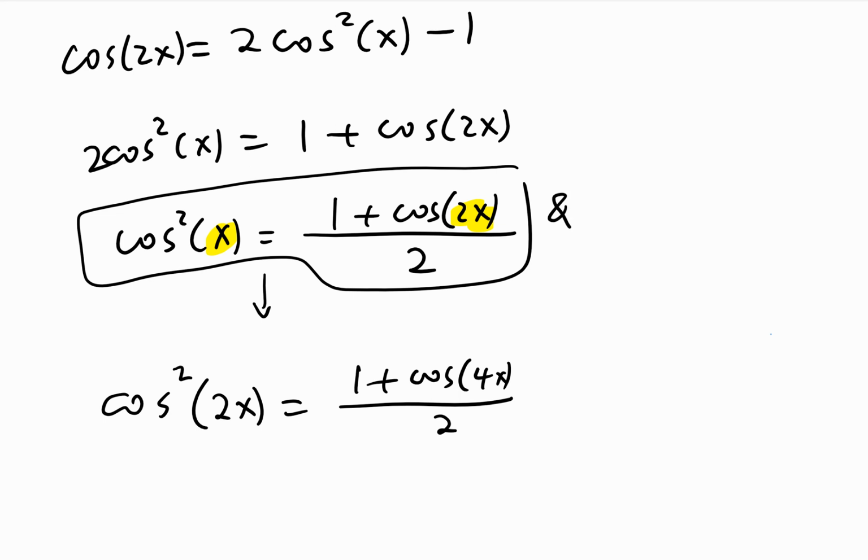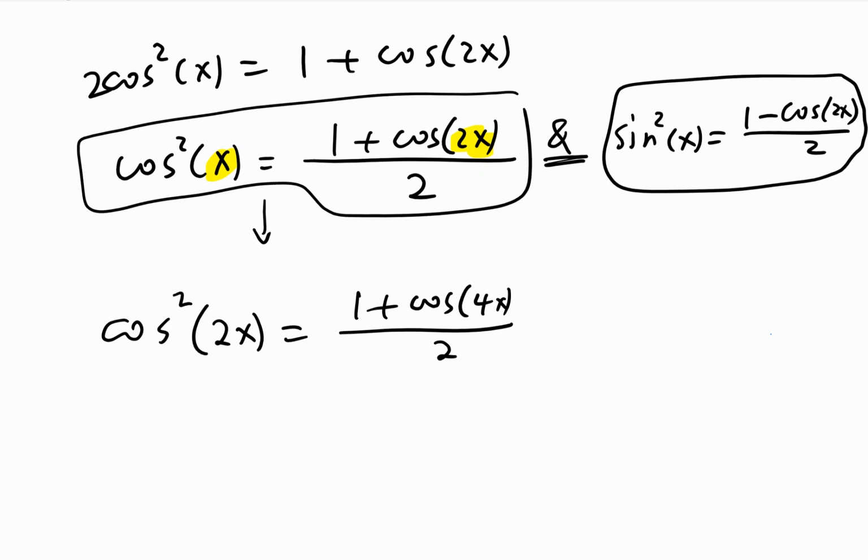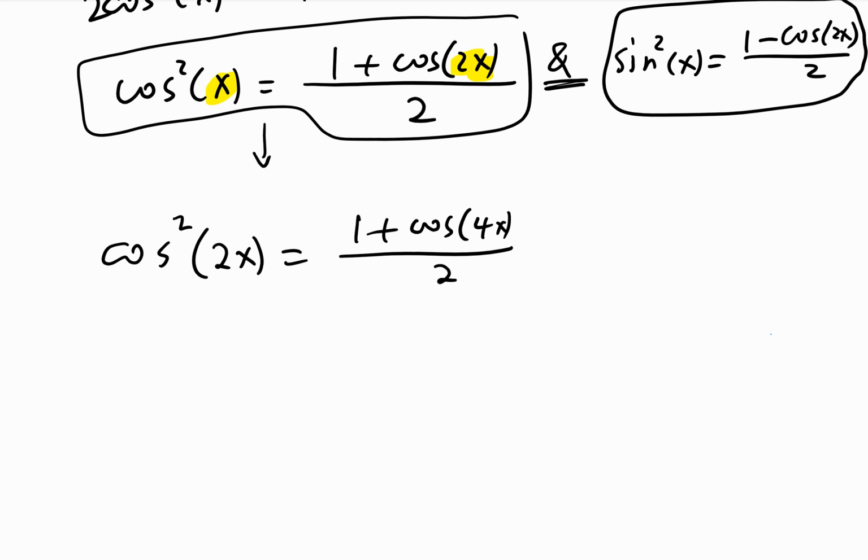Same thing, if I take the double angle formula involving sine only, I can find the formula for sine square, which is 1 minus cosine 2x divided by 2. So this will help a lot when working with trigonometric integrals.